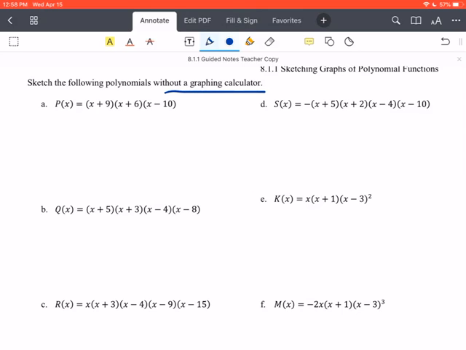But if I look at A, I'm going to go ahead and make my axes. The first thing I want to decide is, what is the degree? I'm going to use D to stand for degree. This is the third degree because I have three factors, none of which have exponents. Okay, so I know that the end behavior is going to be opposite.